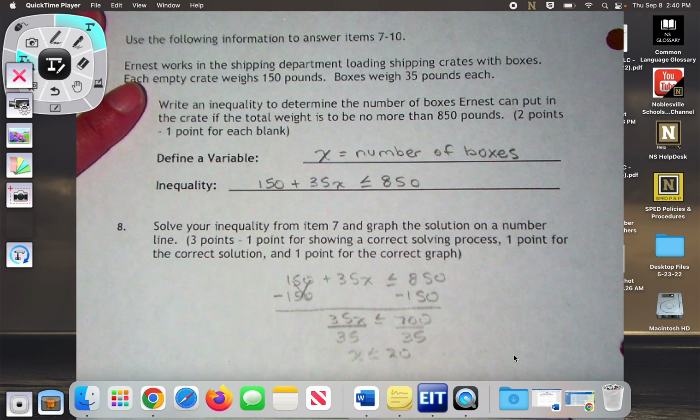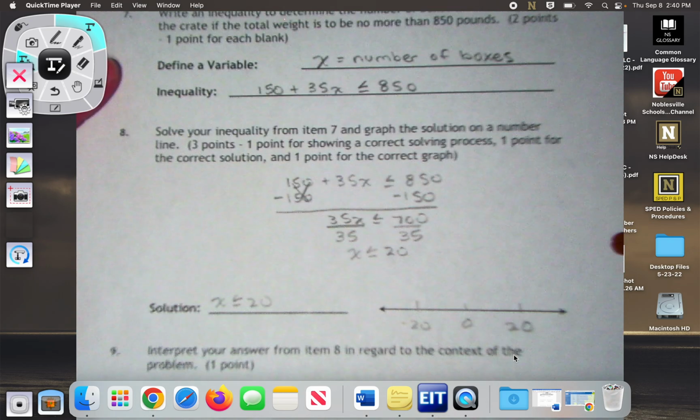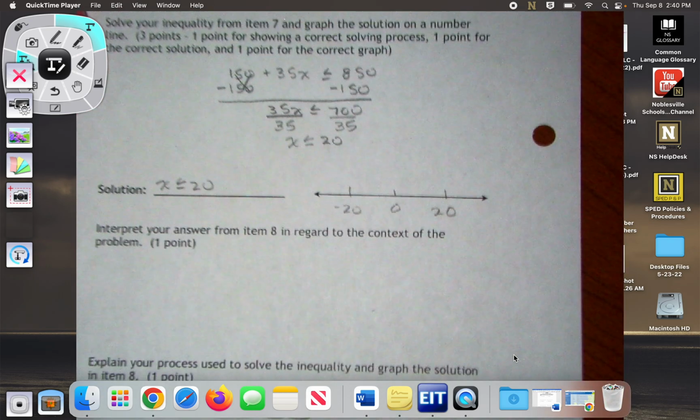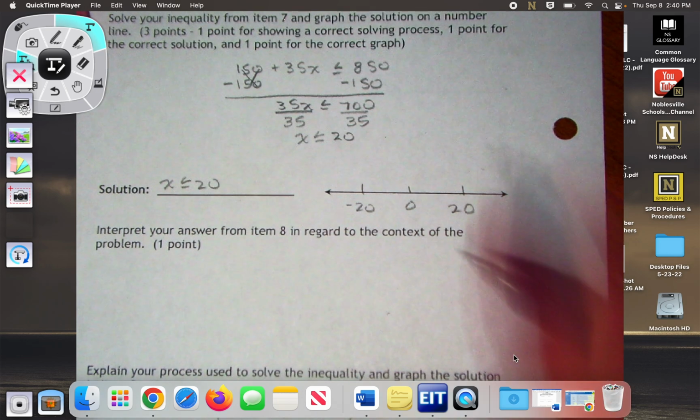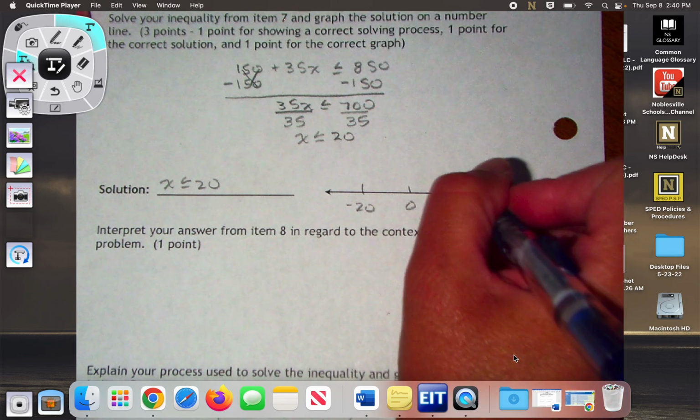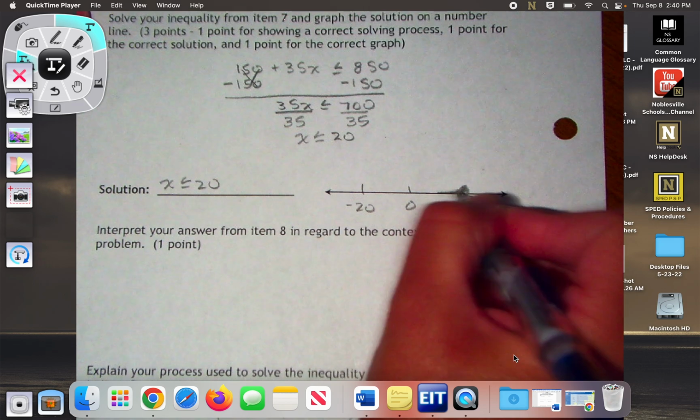And so I did have some people say, do I really need to show anything less than 0? I mean, because it has to do with a story and a situation, right, you're not going to have negative weight. But depending on how you graph it, it definitely needs to be closed and going to the left.